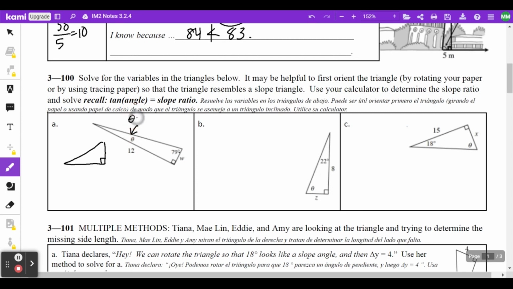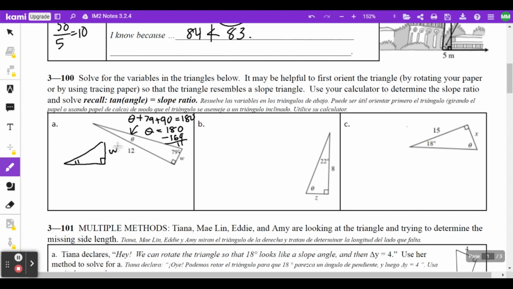Theta plus 79 plus 90 equals 180. So theta equals 180 minus 169, which is 11. So this is an 11-degree angle.